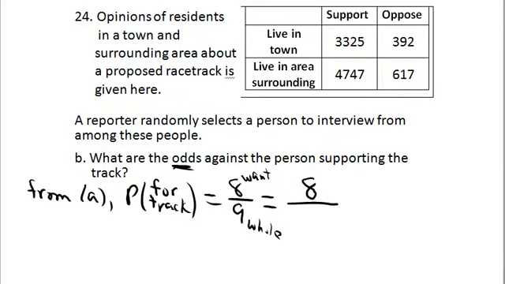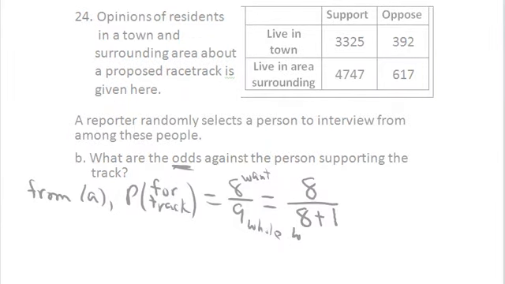So the part I want is 8. If I take that 9 and break it into the part I want plus whatever it takes to get back up to 9, in this case 1. 8 is what I want, and 1 is what I don't want. So when I partition the denominator that way, I can immediately see what the odds are.